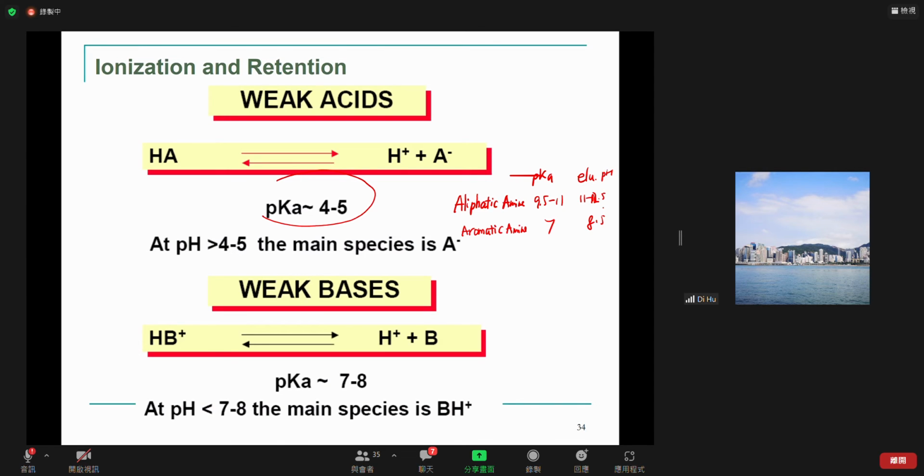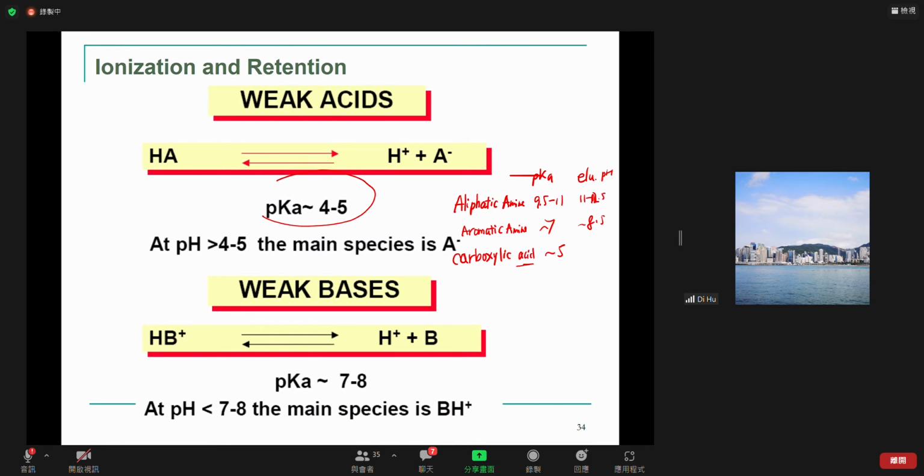And for carboxylic acid, the weak one, if it's about 5, then for an acid, if I want to elute it, that means it needs to be neutral, right?